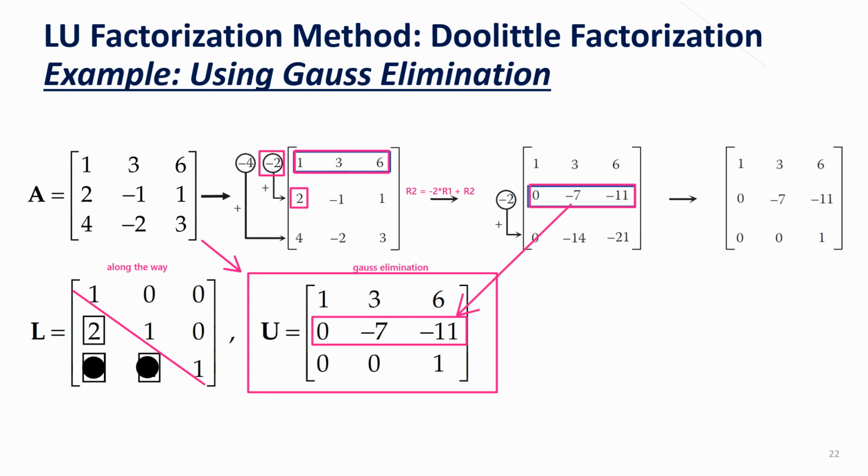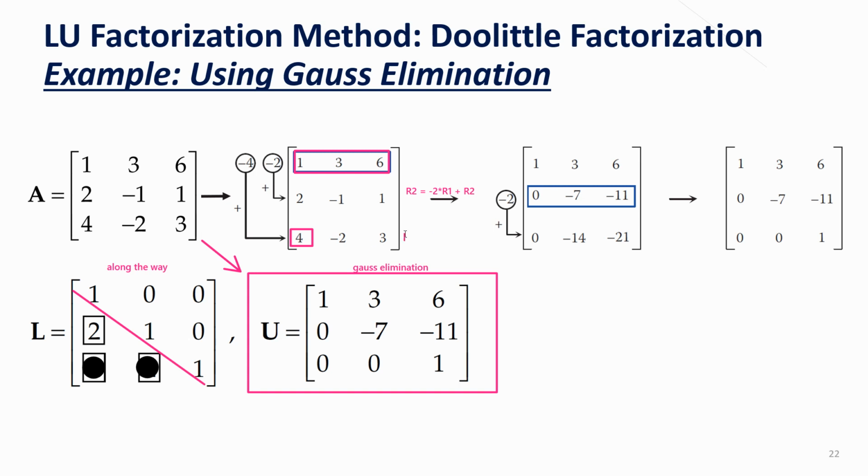So what is the next step? The next step is you're going to eliminate this part, make it become 0. How do you eliminate this? You're going to use this formulation.